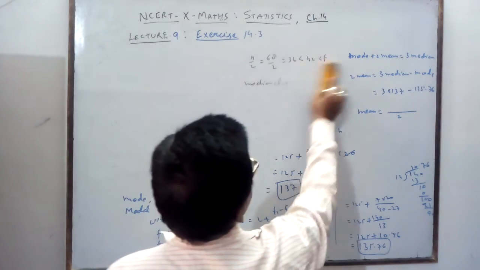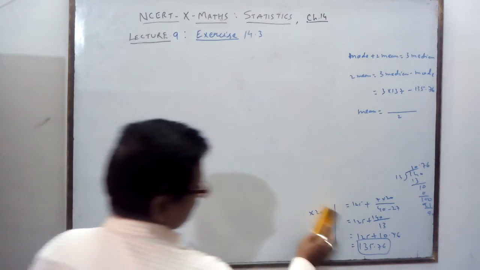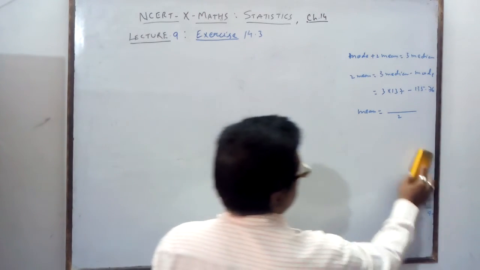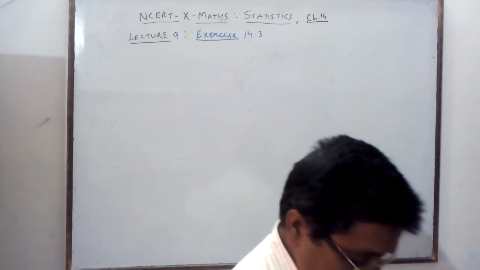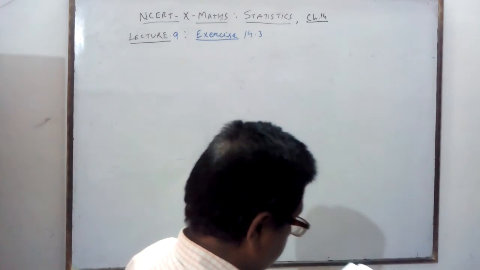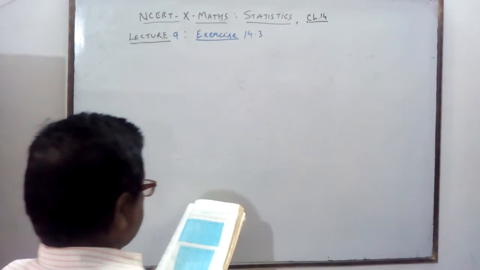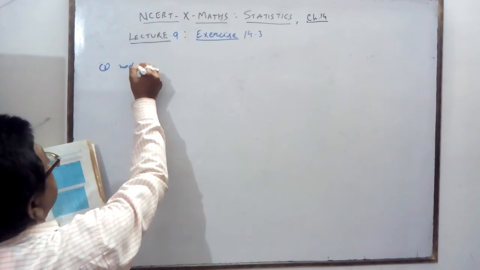Question number 2, we'll see what is given. Class interval and frequency, and the median is given.